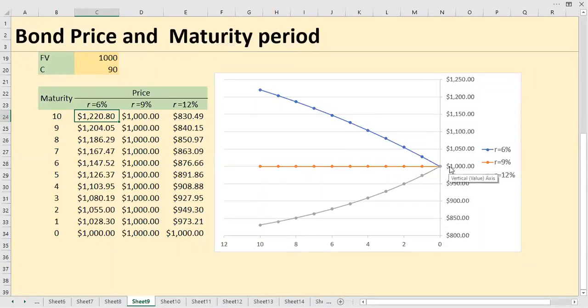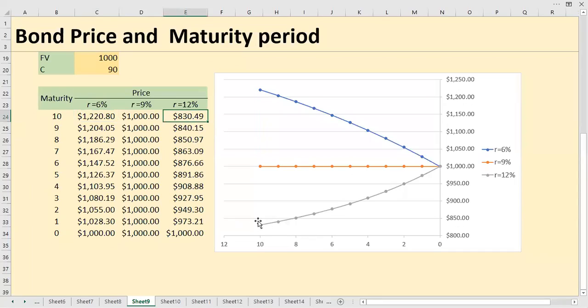And when the required rate of return is higher than the coupon value, it will start at a value that is less than the face value, less than the 1000 rupees. Here the value is 830.